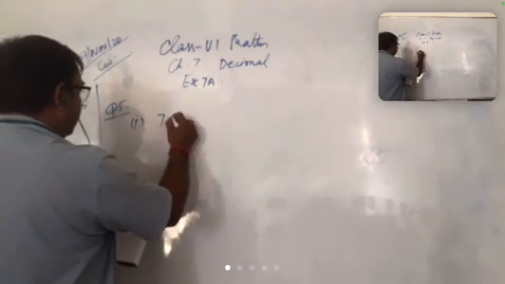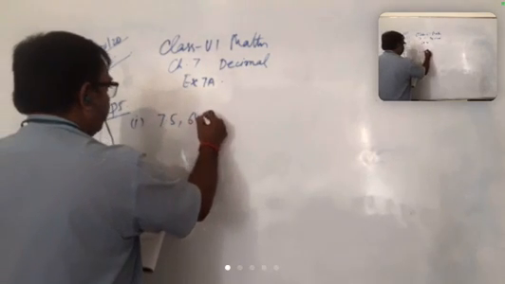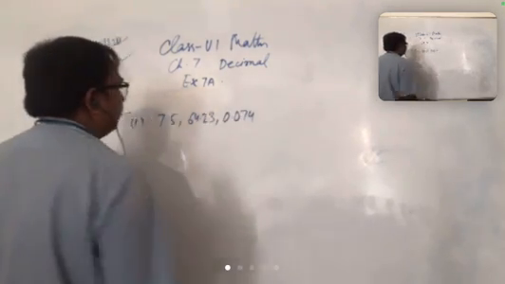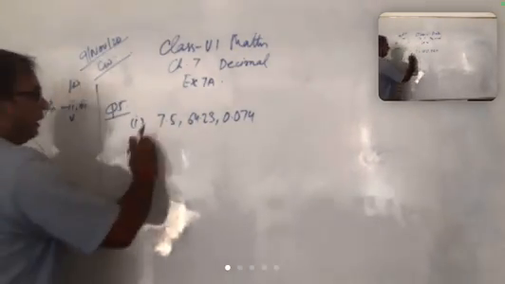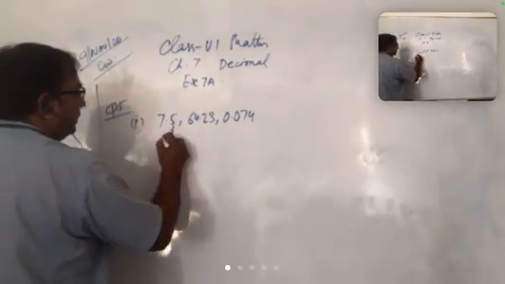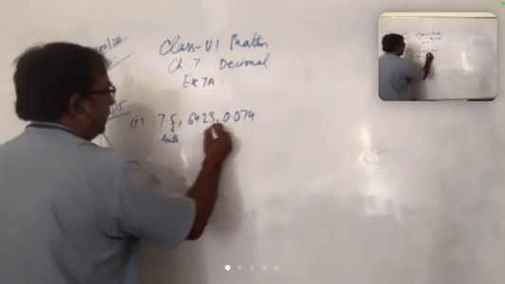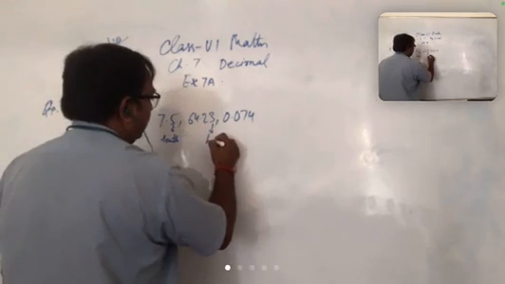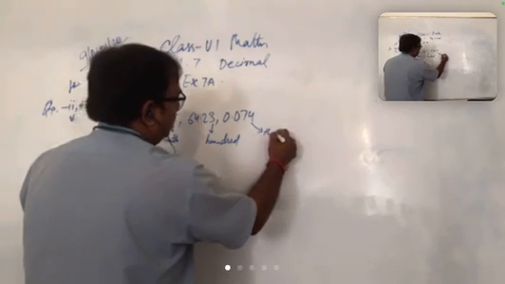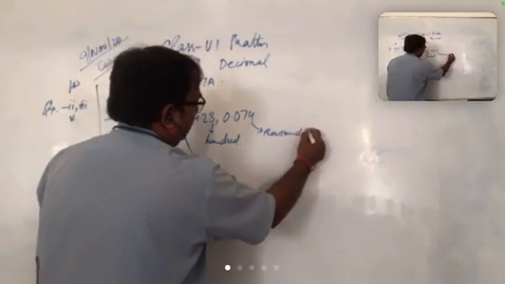See, the first question is 7.5, 64.23, 0.074. These are unlike decimals because this place is tenth, and its maximum position is hundredth, and this is thousandth.